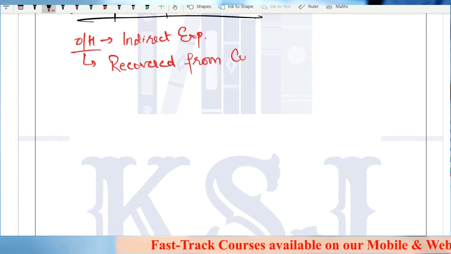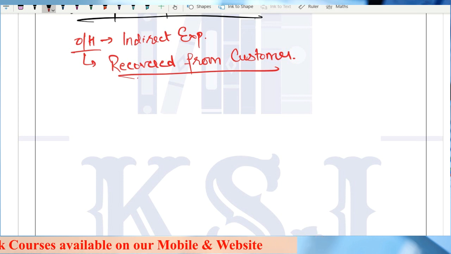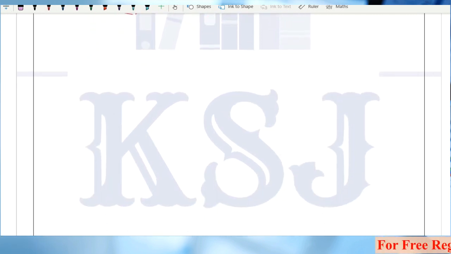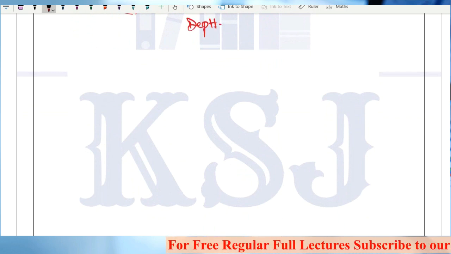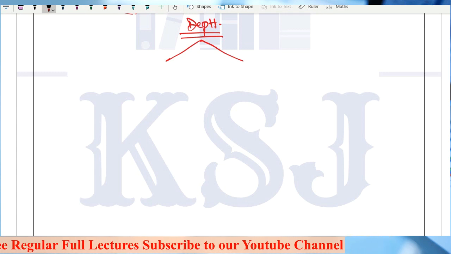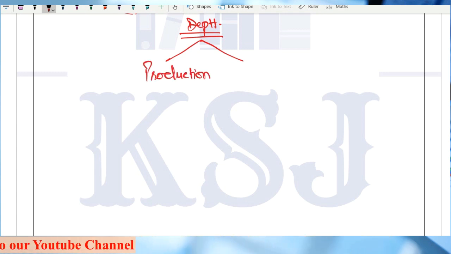For recovery, we have to make these overheads identifiable in one unit of finished goods. They are not directly identifiable in one unit, but we have to make them identifiable in one unit, right? For that, we say that all the departments in a factory are divided into 2 parts, right? One is the production department, those directly related with production, and the other one is the service department.